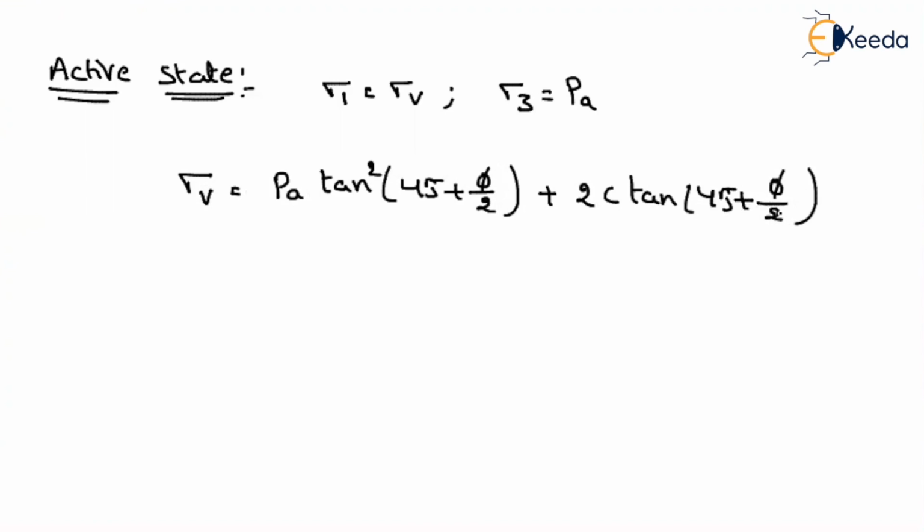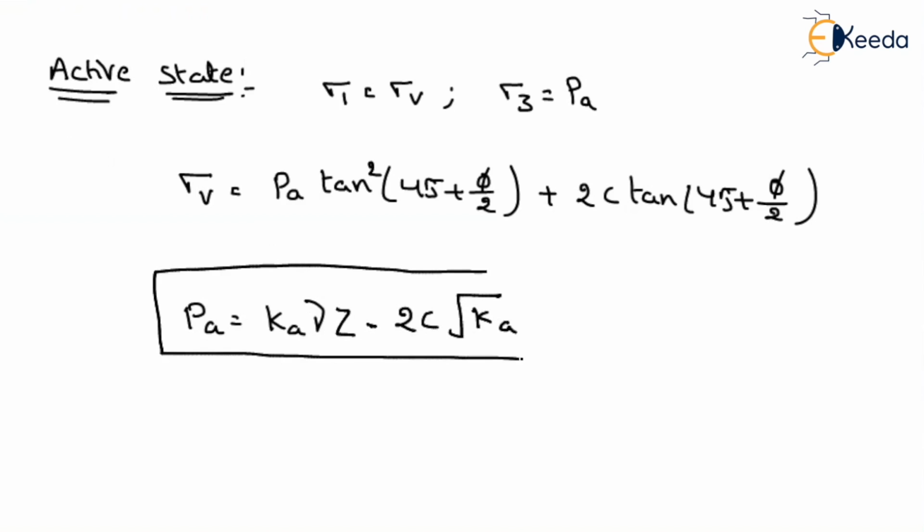Rearranging the equation, the active earth pressure equals Ka into sigma V, where sigma V is gamma into Z, wherever you are finding the stress, minus 2 times c into root Ka.